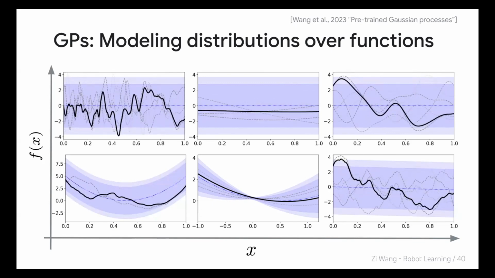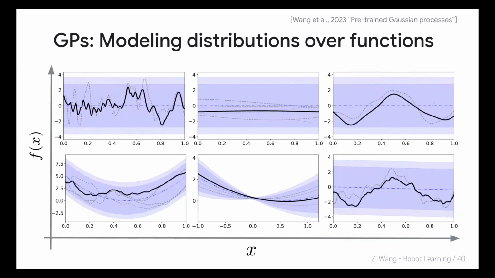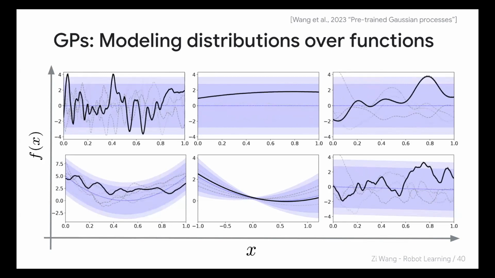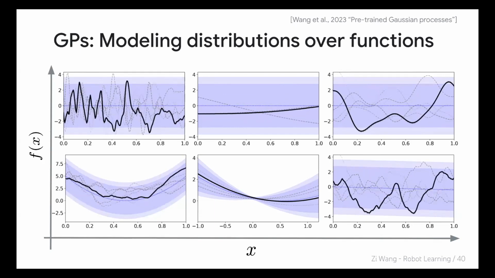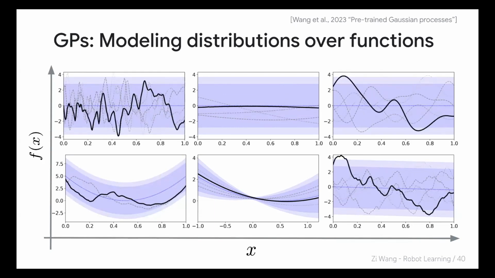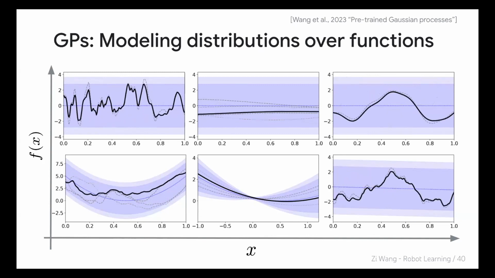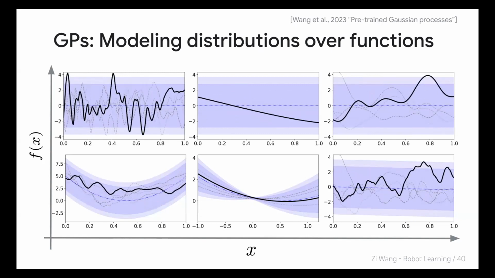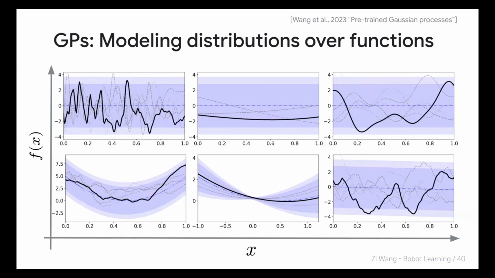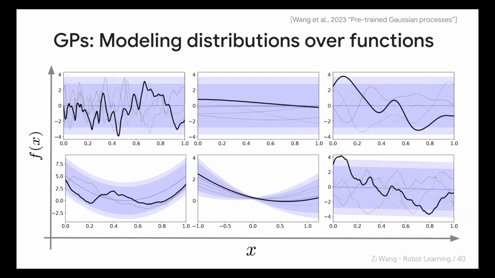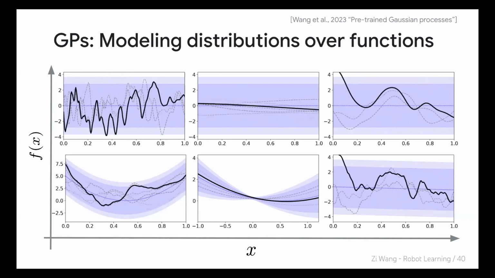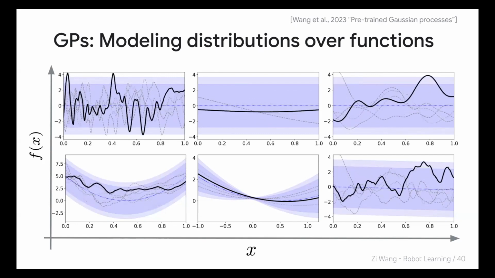And then if you look at the bottom row, we can also have very flexible mean functions. It can really be anything. And once we generate the functions from these Gaussian processes, it will respect that the mean is at this position. So the functions that I'm generating will have a mean that is specified by the mean function of the GP.